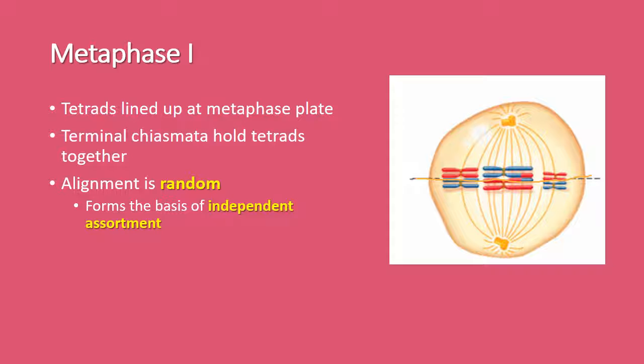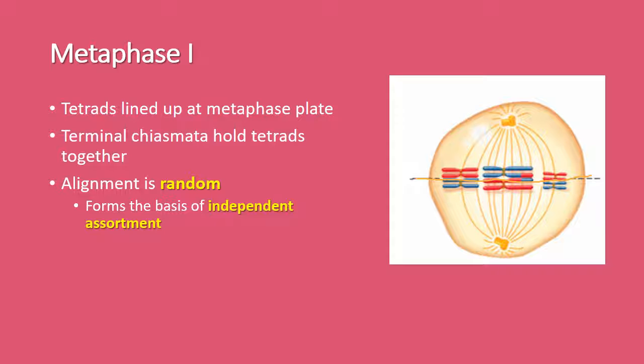Okay, so like I was saying, the alignment is random. This is the basis of independent assortment, which is something we'll talk about in more detail in Chapter 3. But basically this means that all the different alleles that are present on these chromosomes have an equal opportunity to end up at one pole or the other. You got a 50-50 shot.